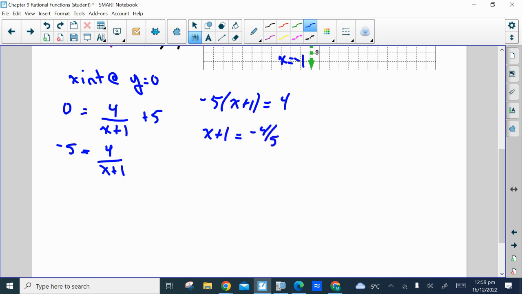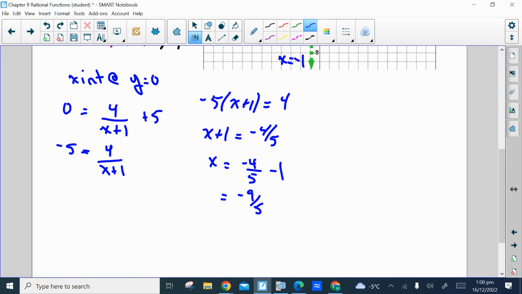And you'll get -4/5 on the right. And when you subtract 1 from both sides, it'll be -4/5 take away 1. 1 could be 5/5, so it becomes -4 take away 5, which is -9/5, or -1 and 4/5, or -1.8.